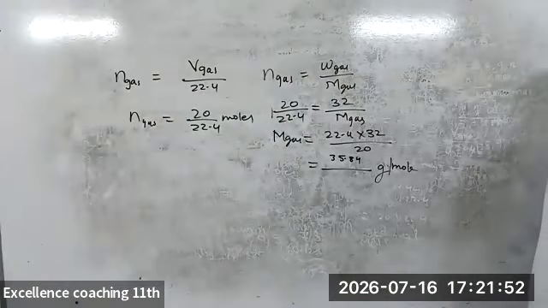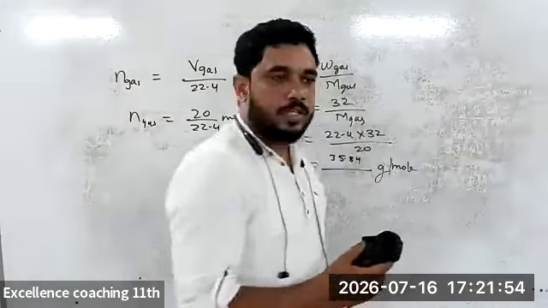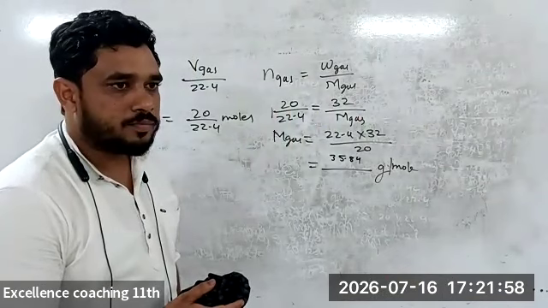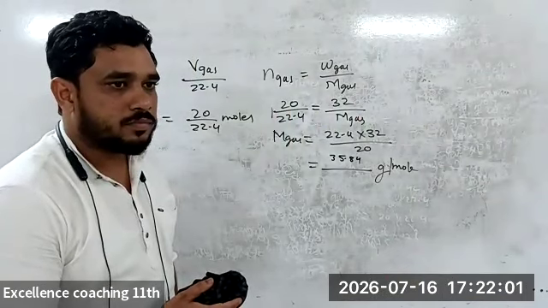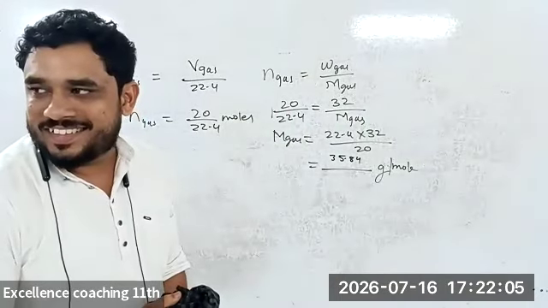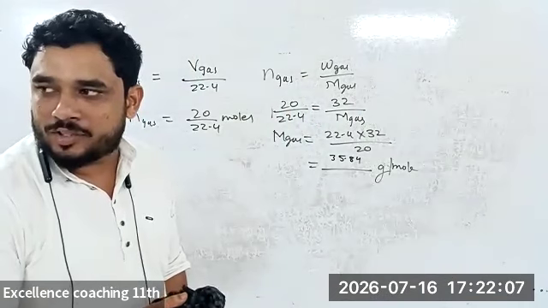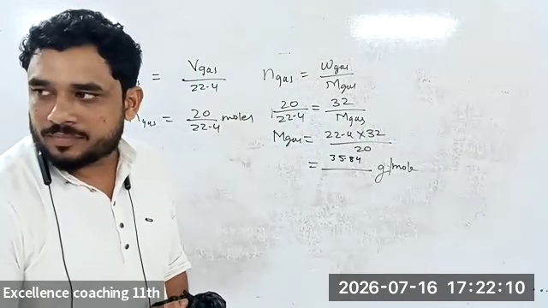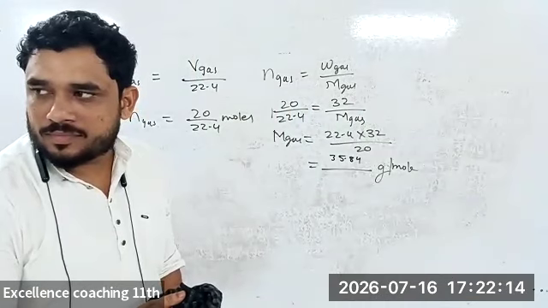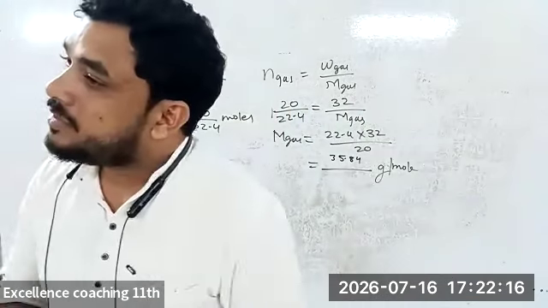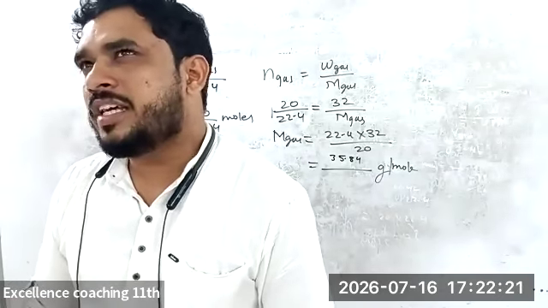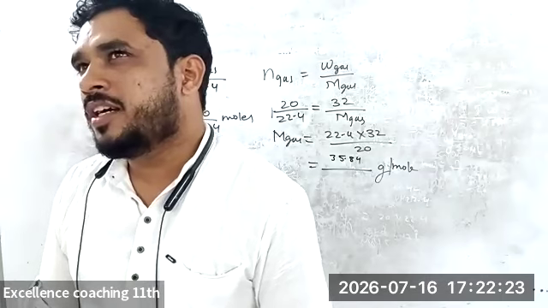Lisa, what is the definition of atomic radius? Very good. Joseph, what is the definition of isoelectronic species? They have the same electronic configuration but different charges.